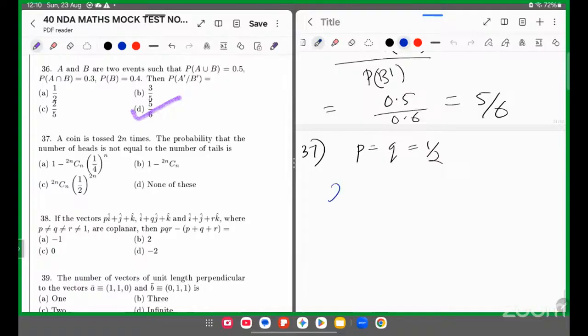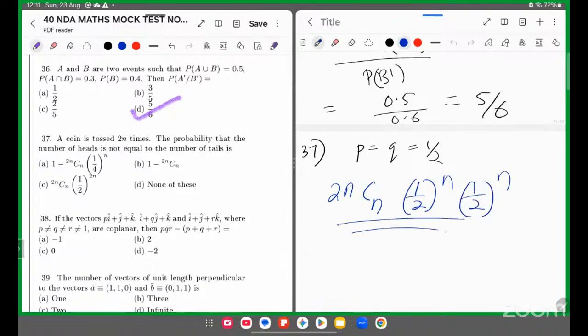So the probability of getting an equal number of heads and tails can be written as n heads and n tails. Out of 2n, n heads and n tails we should get. So 2n Cn (1 by 2) raised to n into (1 by 2) raised to n.